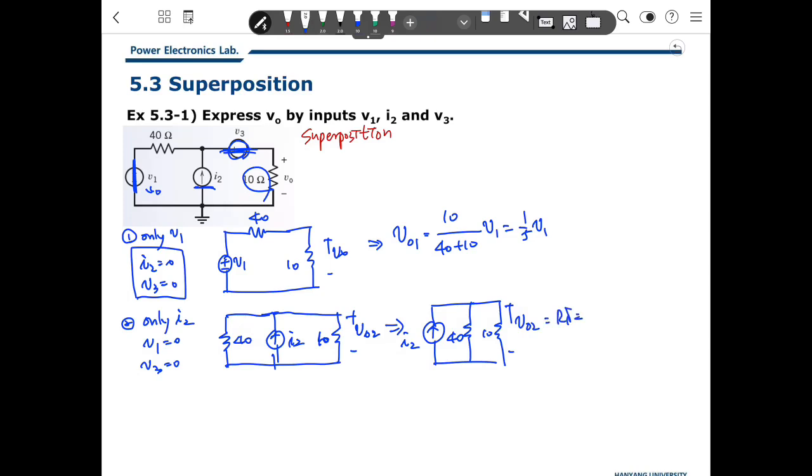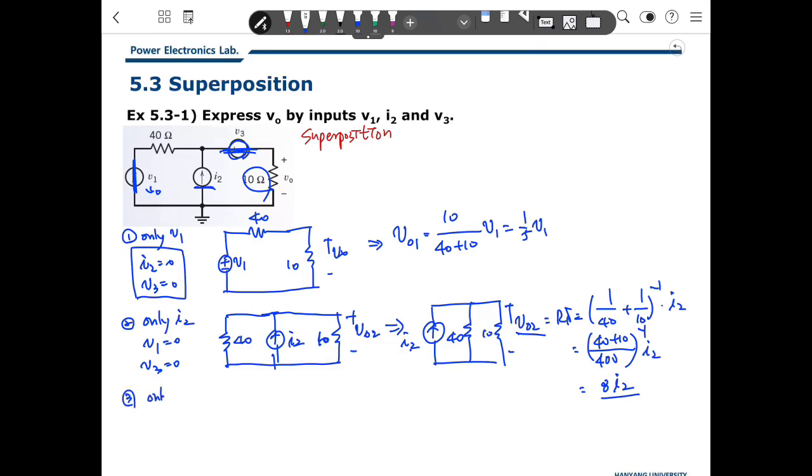That means R is the parallel combination of 40 and 10, which is 8, and the current is I2. So VO2 is 8 I2.